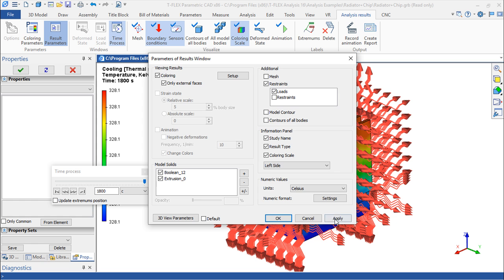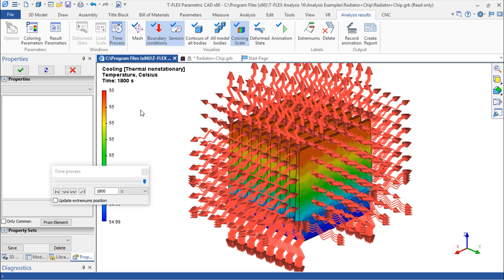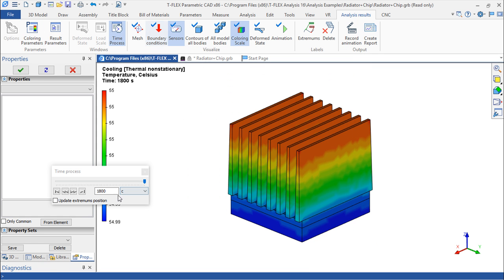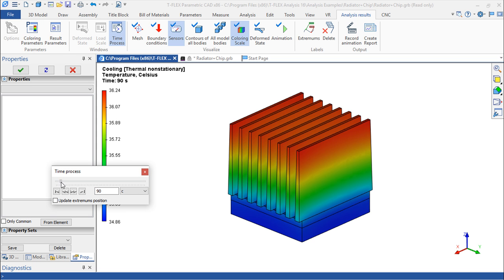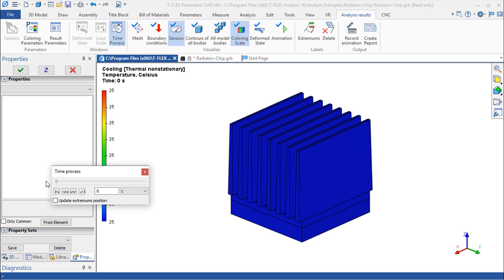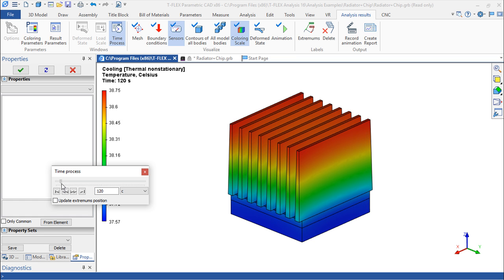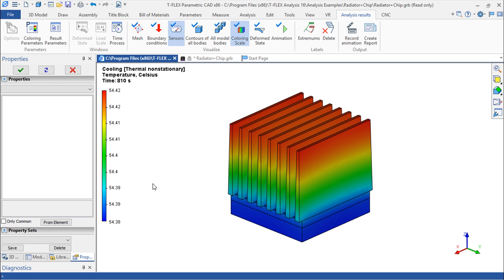Again, I need to put this by default in the boundary conditions. Okay, now we can see that temperature will start to increase until basically it approximates to the 55. These are some considerations that we can take out of these studies.